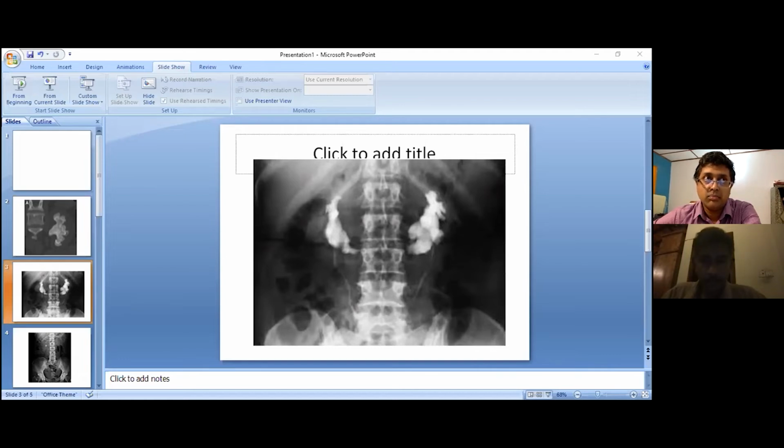There is more urinary stasis in these dependent calyces. Yes. And because of the higher ureteric insertion, the usual expansion pathway is blocked.